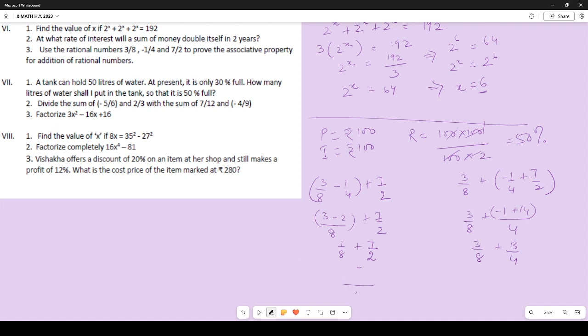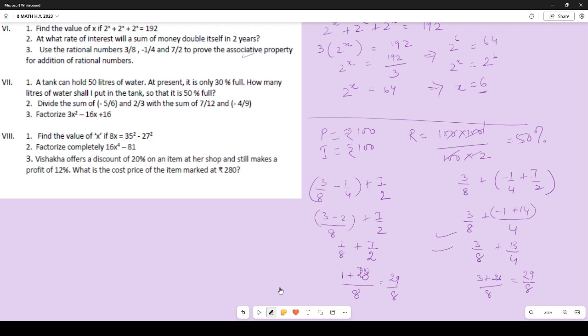Now here LCM 8, 1 plus 4, 28, and over here LCM 8, 3 plus 26. So what do we arrive at? This is equal to 29 by 8, and this is also equal to 29 by 8. Thus we can prove the associative property for addition of rational numbers.